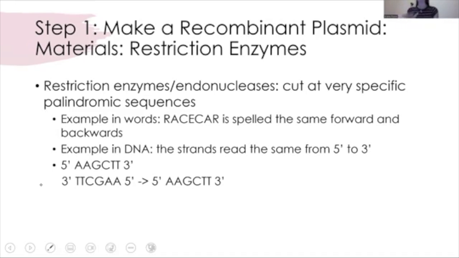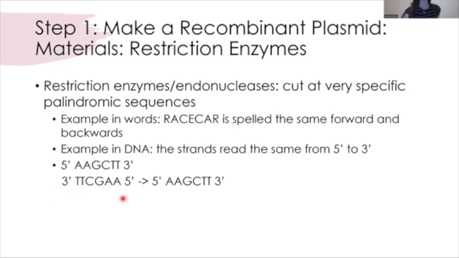So in words that you guys are all used to, a palindrome would be whenever a word is spelled the same forward and backwards, like the word race car. In DNA, it's a little bit different. We call it a palindromic sequence if the strands are going to read the same if you read them from 5' to 3'. So I gave an example of one here. On the top strand, you have 5' AAGCTT 3', and we know the bottom strand needs to be anti-parallel and complementary to that.